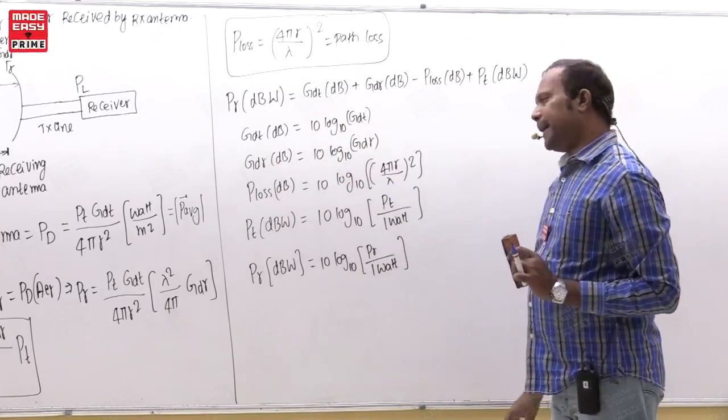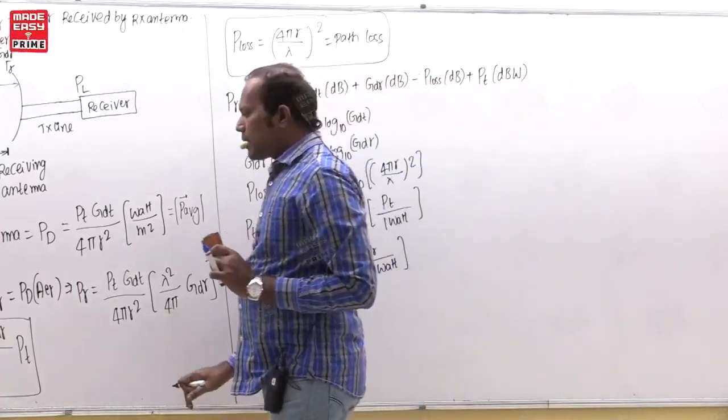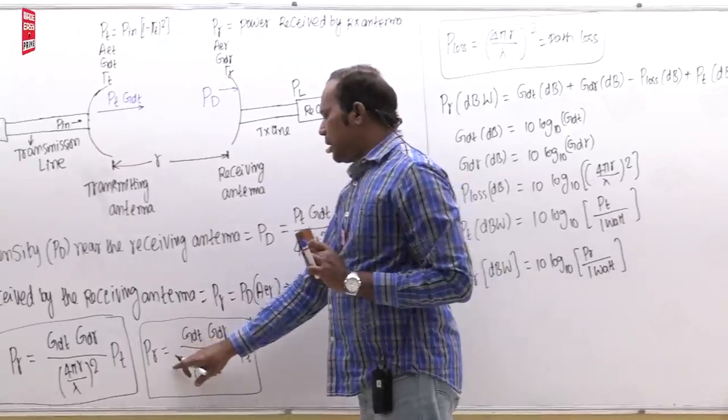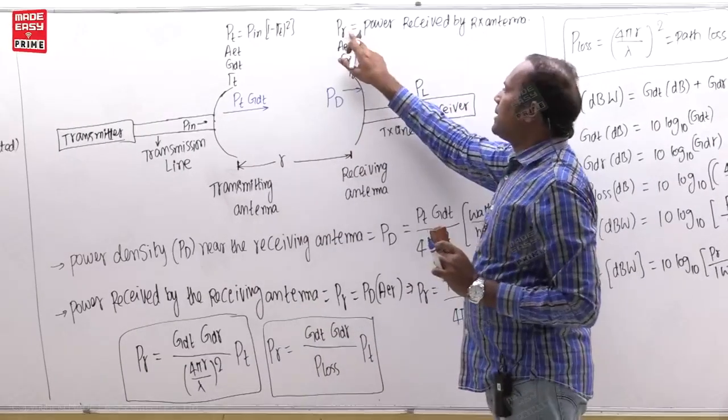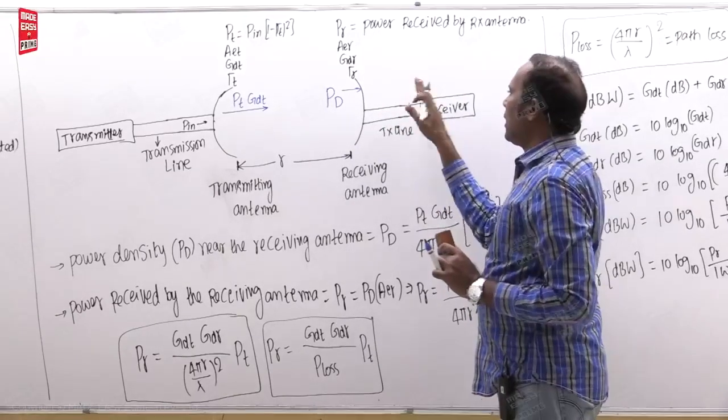Next, this equation number 1 gives the power received by this antenna. Now how much power is transmitted into the receiver?